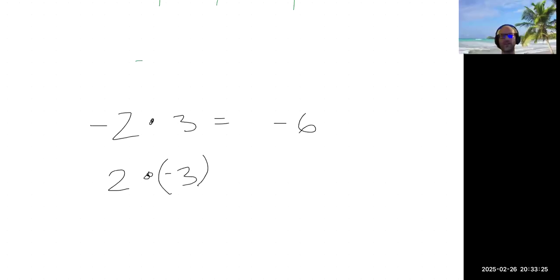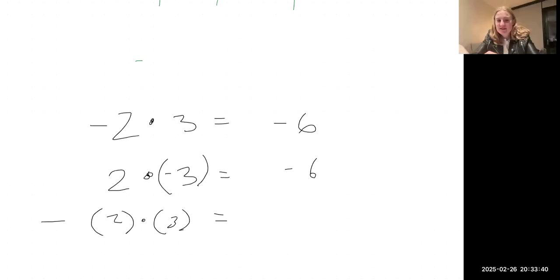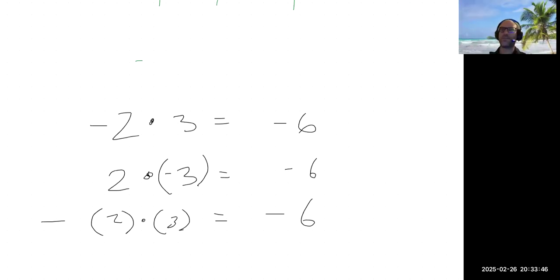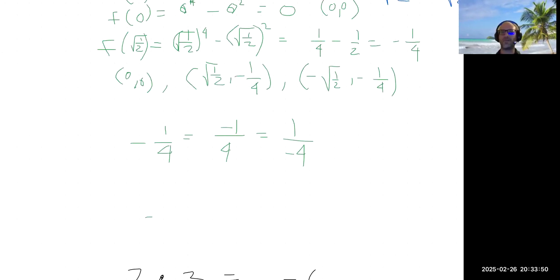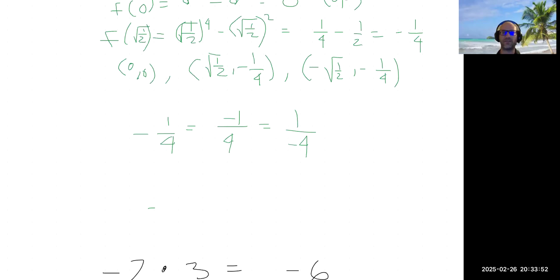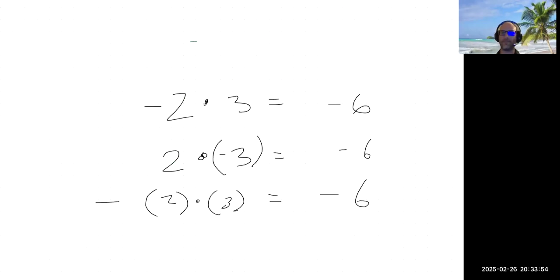And if I have a -2 times 3, it's still -6. So it's the same thing with division. If you have a negative out front, that's like having the negative out front here.